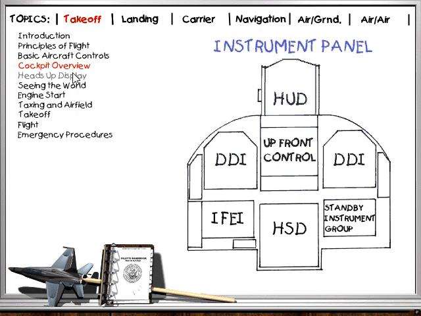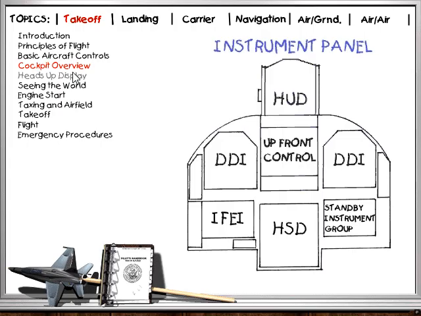The up front control, or UFC, will indicate autopilot and TACAN selections, plus info when you ID other aircraft with IFF. The horizontal situation display, or HSD, just below the UFC, is used for navigation. Selected radar modes and damage to the aircraft are displayed in the right DDI.